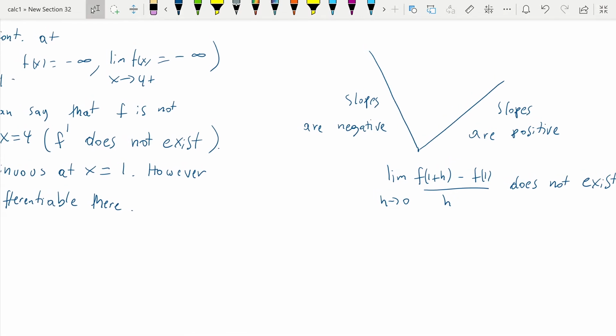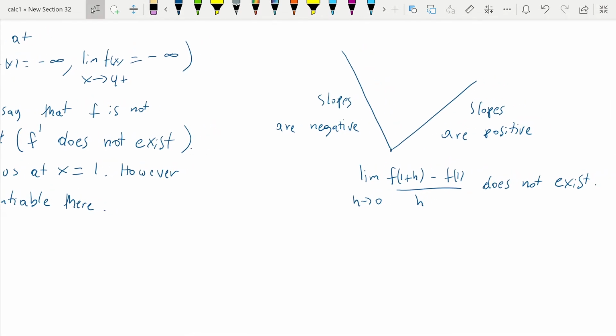If you compute the limit when h approaches 0 from the right, you're computing the slopes on this side, which are all strictly positive. If we approach 1 from the left, you will get a negative number. So the limit doesn't exist.